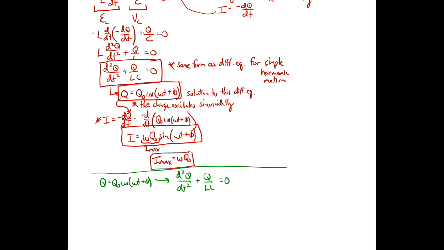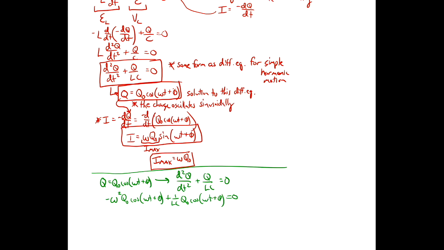And see where that gets us. So we need to take a second derivative of it and then just plug it in directly for the second term. So that's going to give me minus omega squared Q naught cosine omega t plus phi plus 1 over LC Q naught cosine omega t plus phi equals 0.